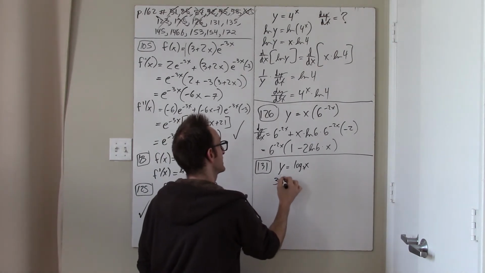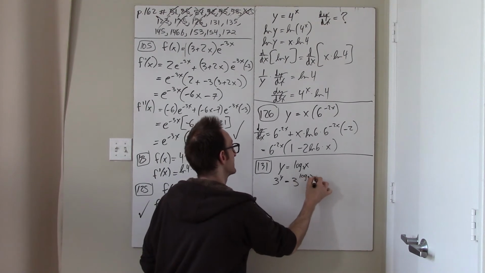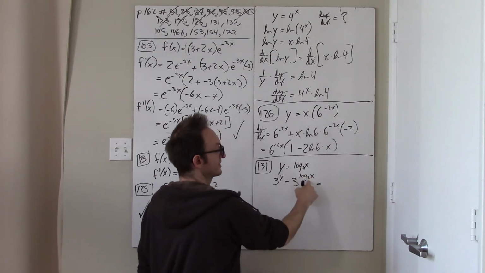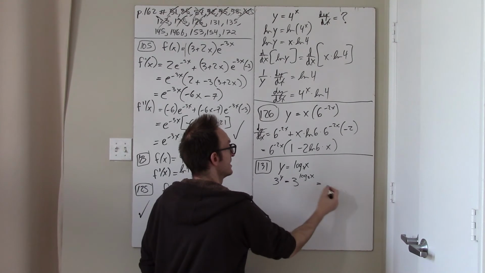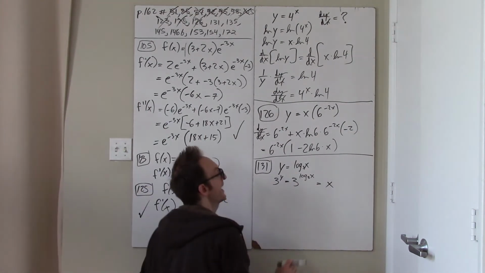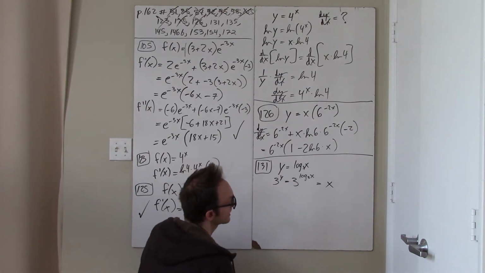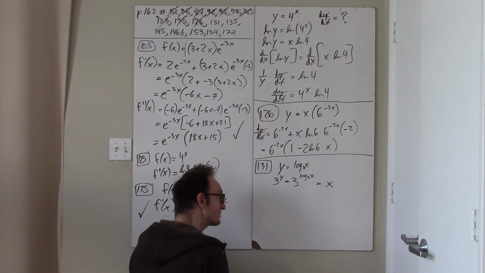So this is 3 to the y equals 3 to the log base 3 of x, which, by the definition of logarithm, these are inverses of each other, is just x. And now that I've rewritten this as 3 to the y equals x, which is kind of the definition of logarithm, I can take the natural log of both sides.